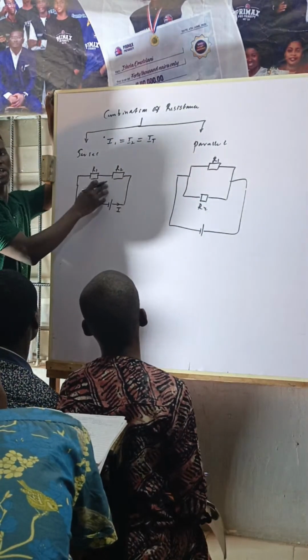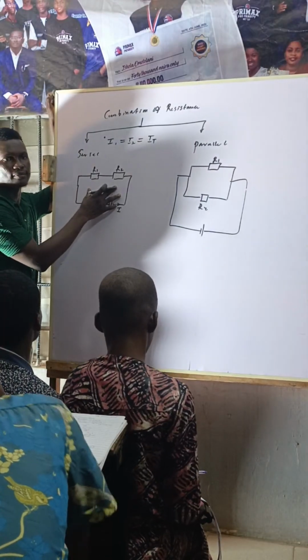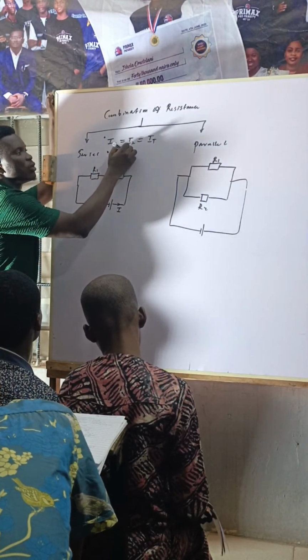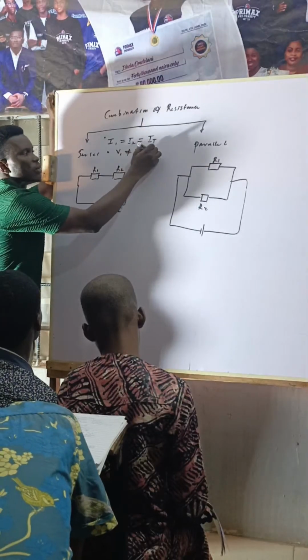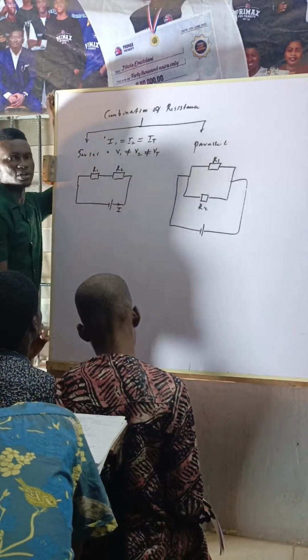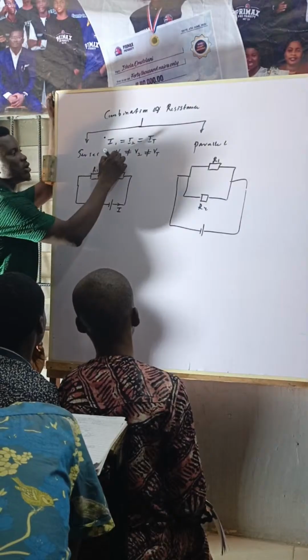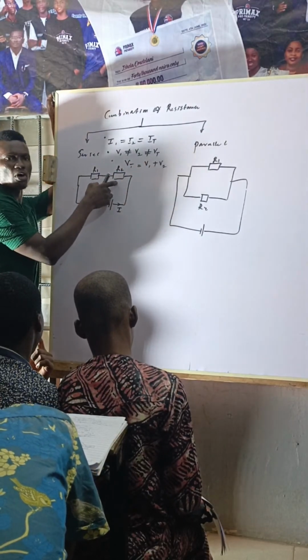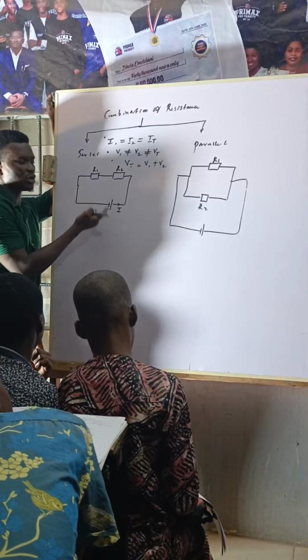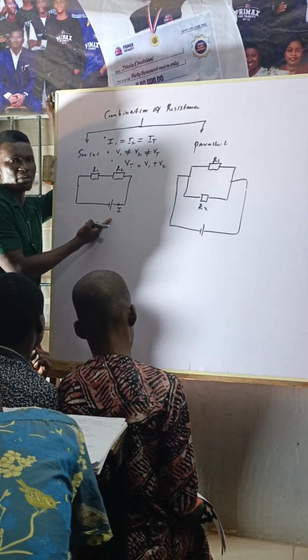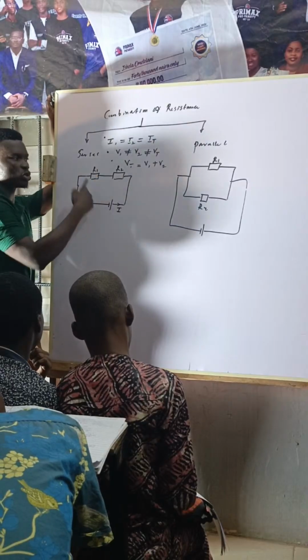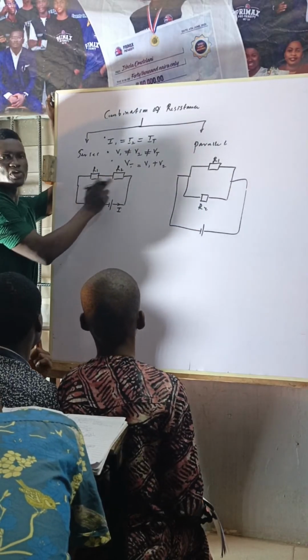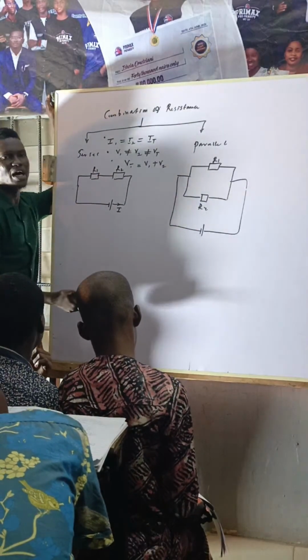Is it the same voltage or different voltages? So your V1 will not be equal to V2 and will not be equal to V total, but your V total will be equal to V1 plus V2. That's when we said 4 plus 8, and we got 12. The total is always equal to the sum of these two. You still remember that now? Yes.